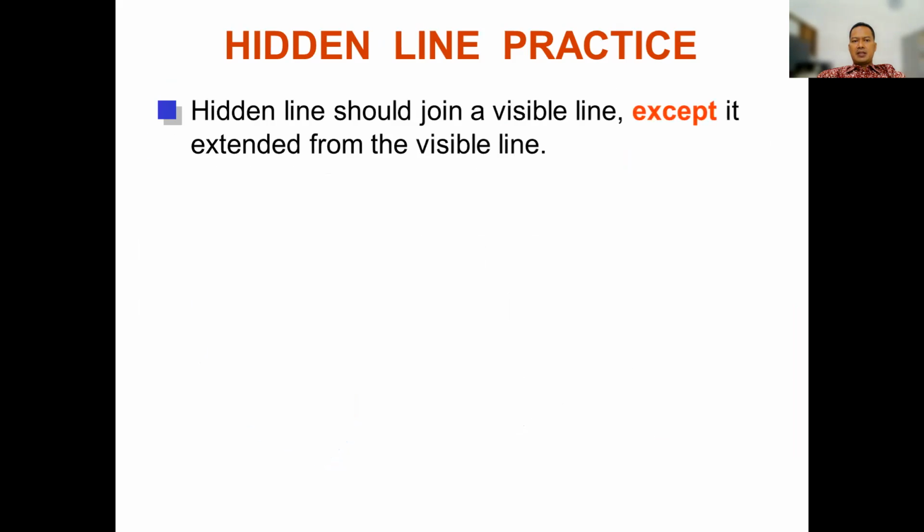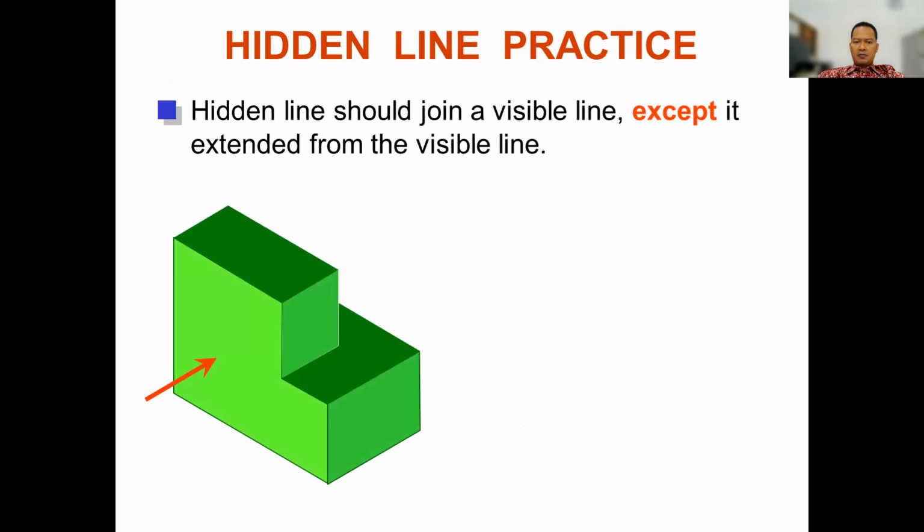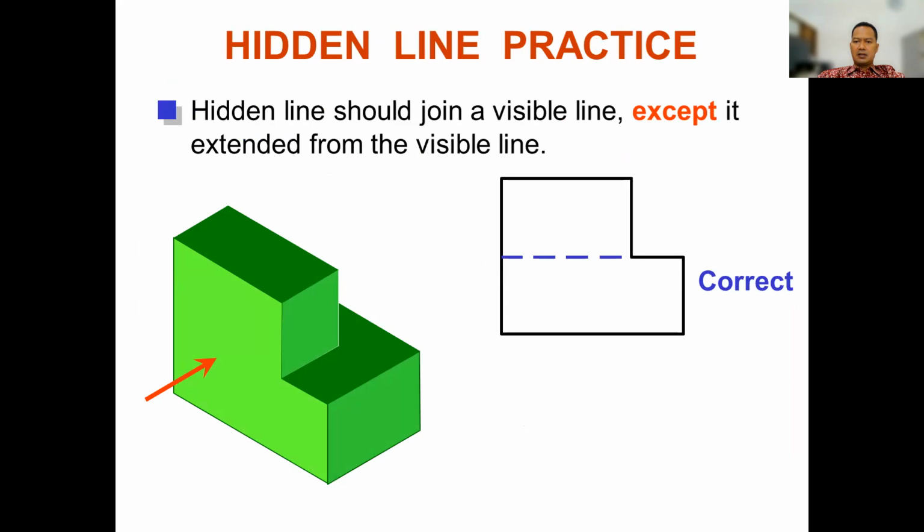And then hidden line practice here: a hidden line should join a visible line except when it extends from the visible line. For example, this object is viewed from here, then we will get this projection and another hidden line.